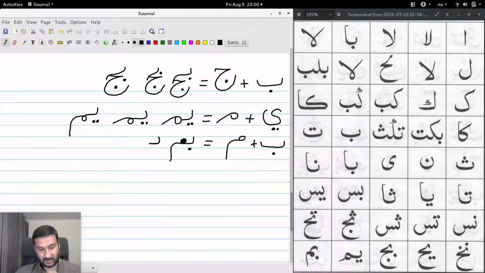Sometimes it will be at the bottom, like this, ba mim. And sometimes this ba could take this form and take a mim here, ba mim.